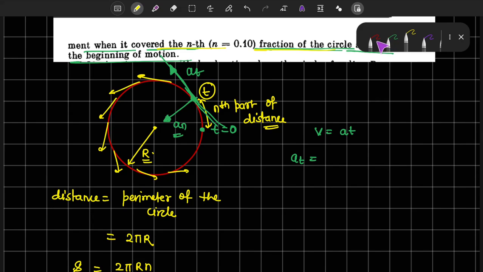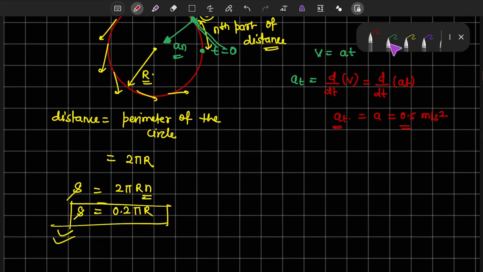So we can write d by dt of at is equal to a, that is 0.5 meter per second square. So basically the tangential acceleration is constant at all the points and it is equal to 0.5 meter per second square.